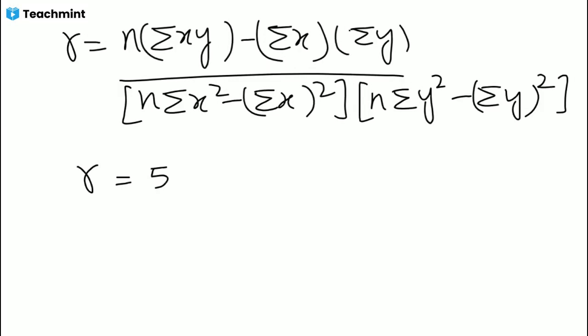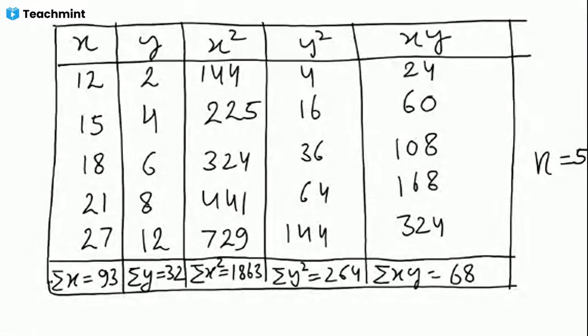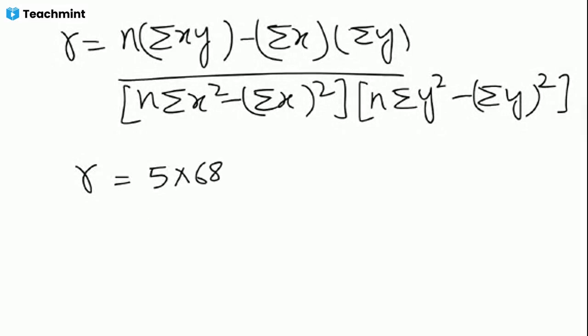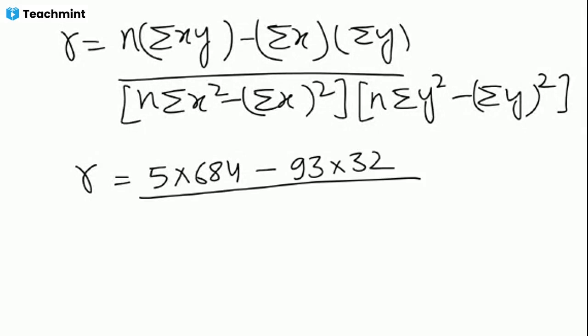n is 5, and the value of summation x into y is 684. Minus summation x, which is 93, and summation y, which is 32.